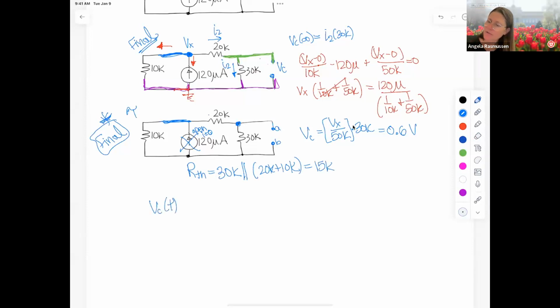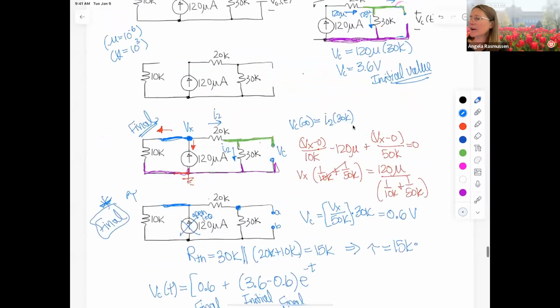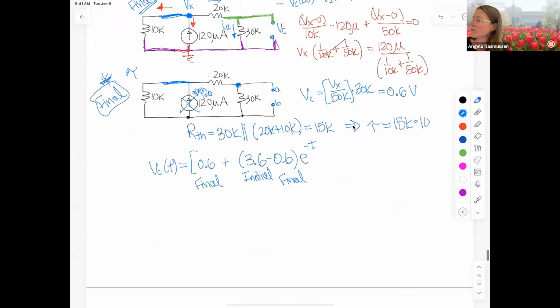So my full equation for VC of T will be my final value, which is 0.6 volts, plus my initial value, which was 3.6 minus my final value, times e raised to the minus t, and then I forgot tau is going to be 15K times the value of 10 nano, which ends up being 150 microseconds.